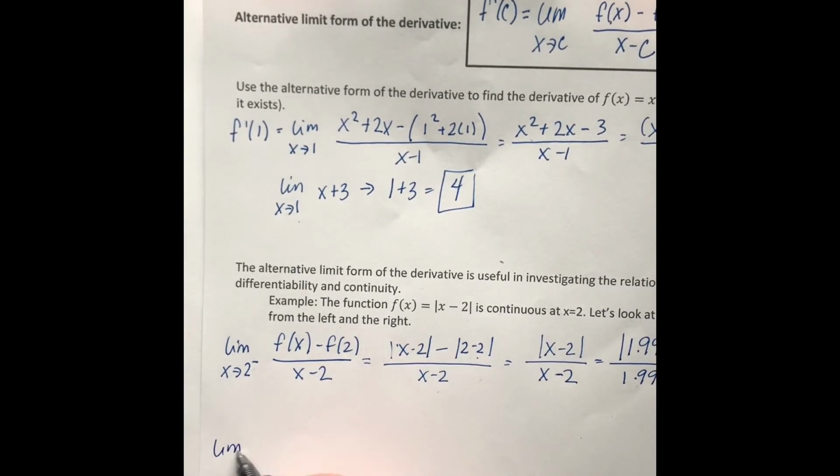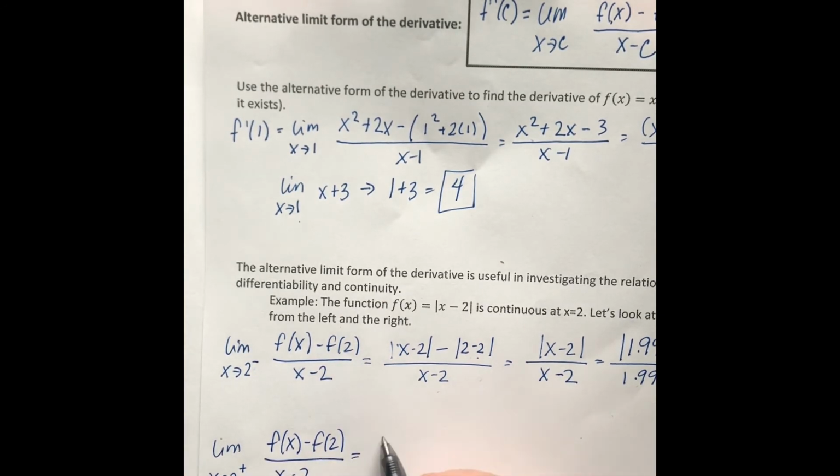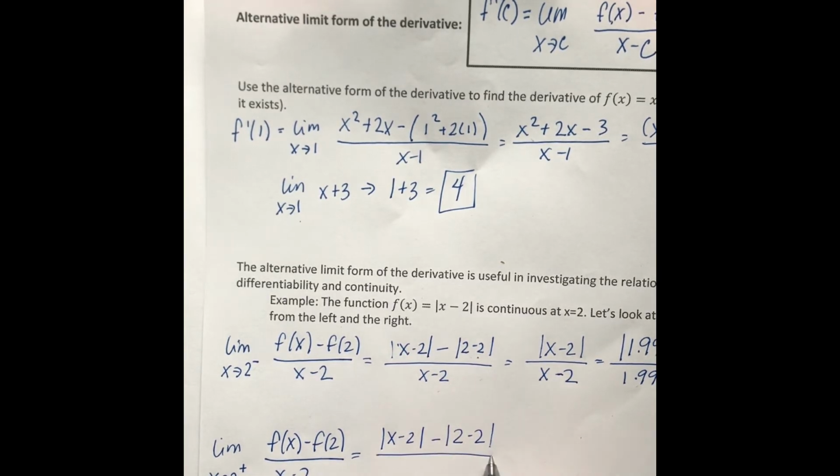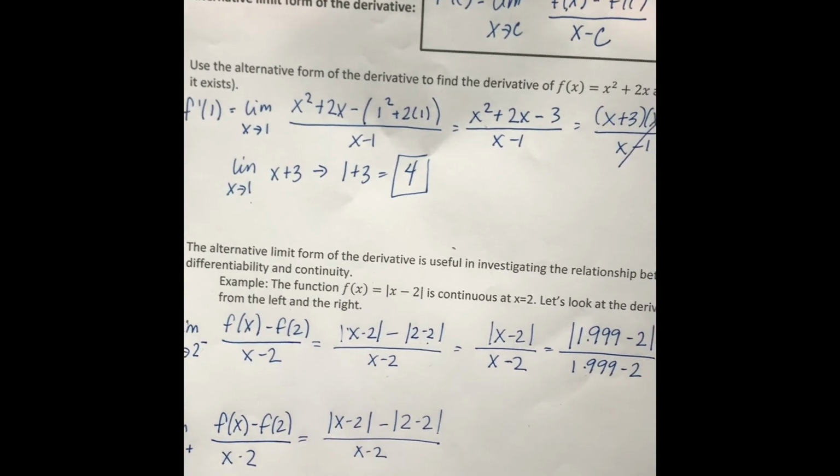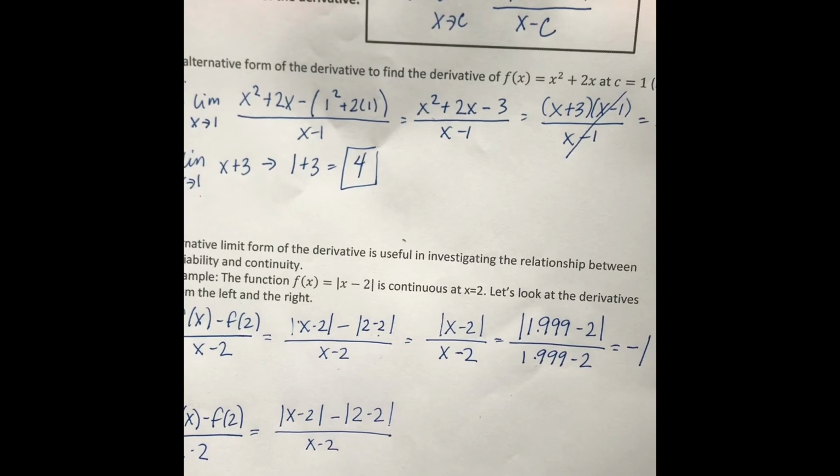The limit as x approaches 2 from the right of f of x minus f of 2 over x minus 2. So the absolute value of x minus 2 minus the absolute value of 2 minus 2 all over x minus 2. Again, 2 minus 2 is 0. The absolute value of 0 is 0.